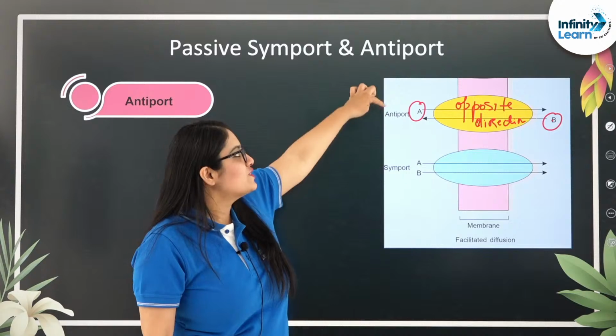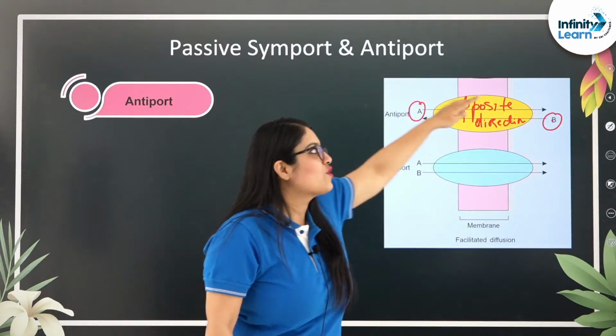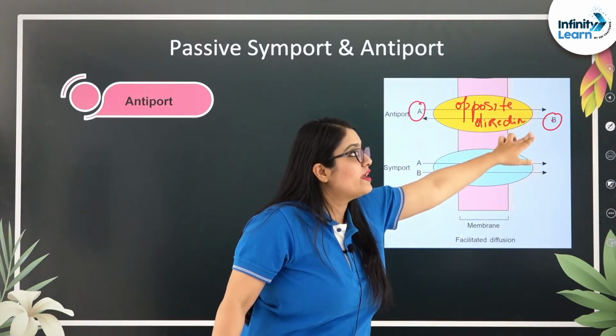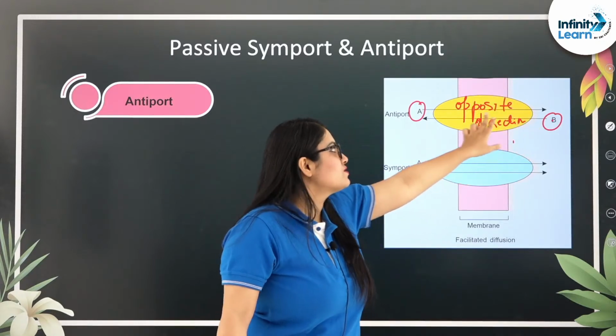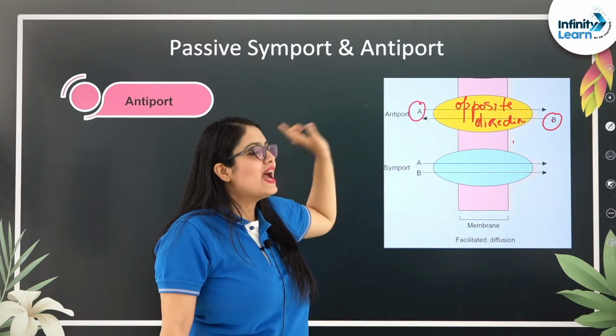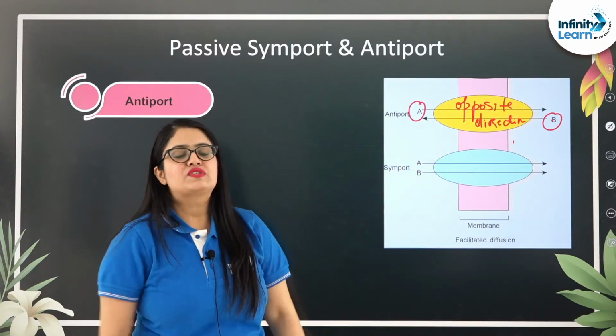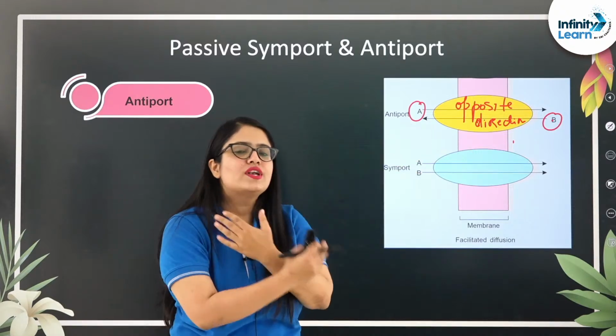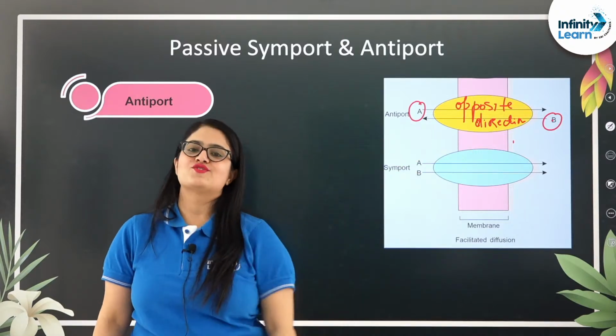That means the concentration of A over here is more and over here is low; the concentration of B over here is high and over here is low, and that is why these two substances move along the same carrier protein in two different directions but along their concentration gradients.